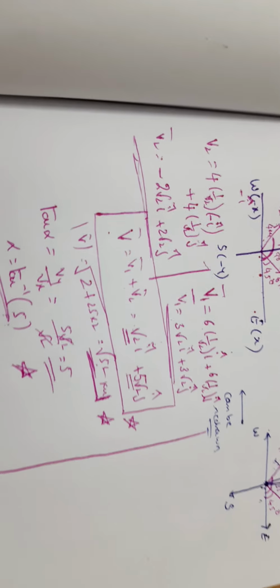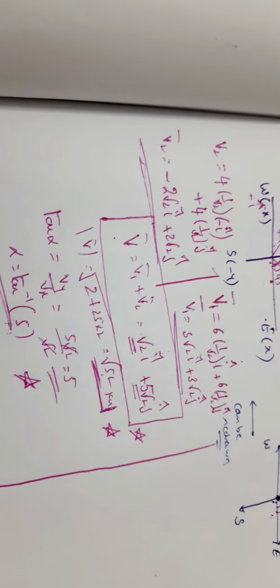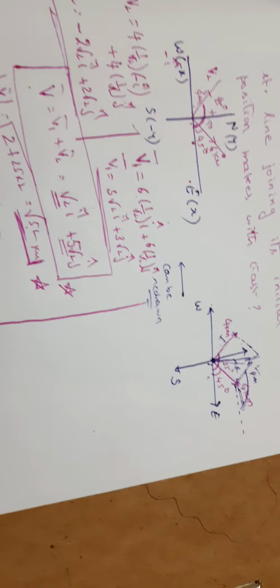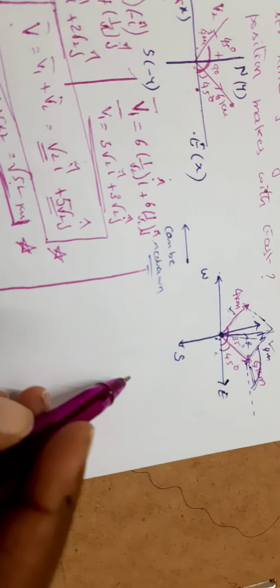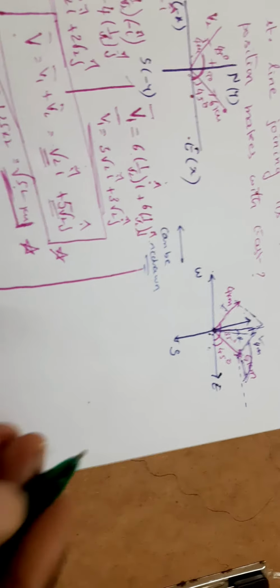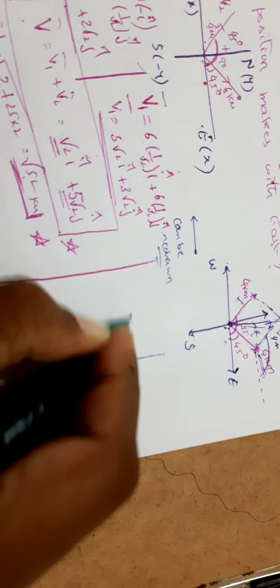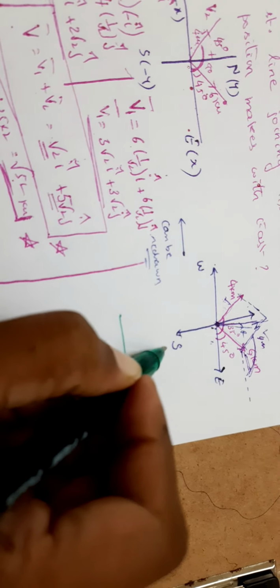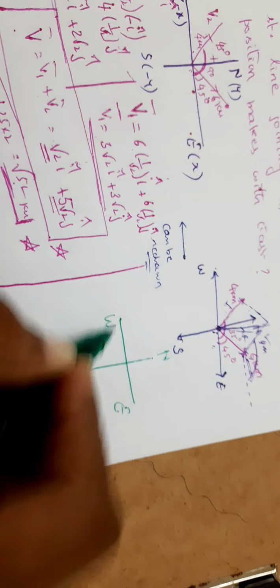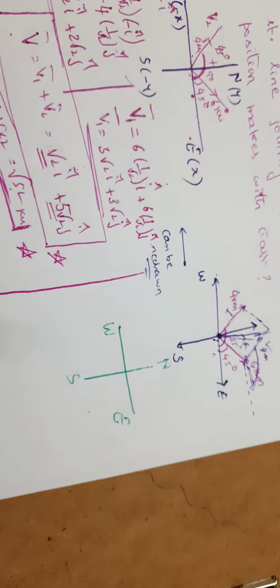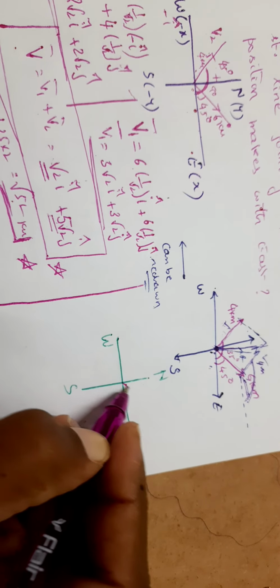Now, somebody may prefer to do the problem like this. Let us see how it is, from the basic principles. So, east, north, west, south. First, what is happening here?